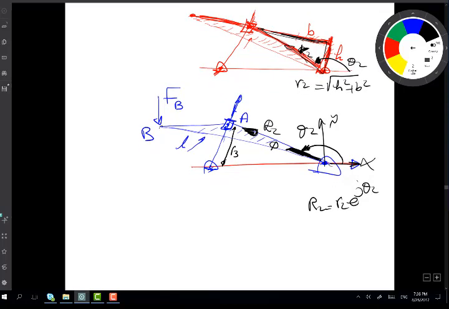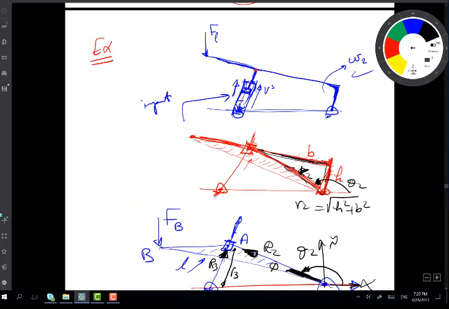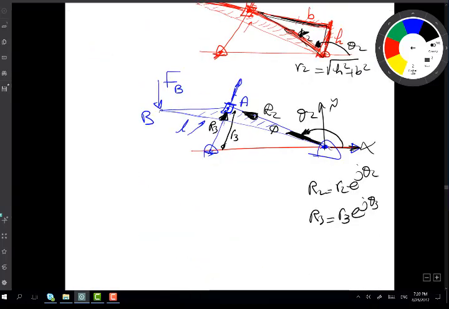And I have R3, which is this here, right? R3 is a variable length, R3 e^(j theta 3). It is variable because the hydraulic cylinder extends in and out. And I have R1 as well here.